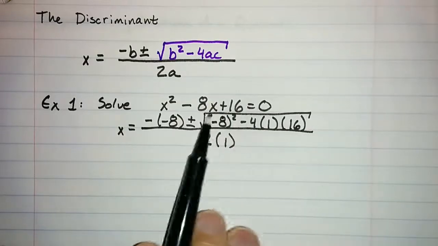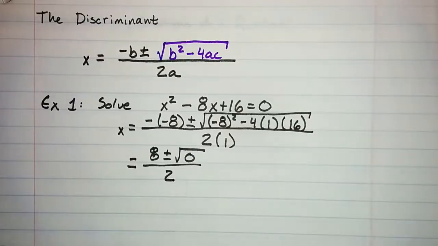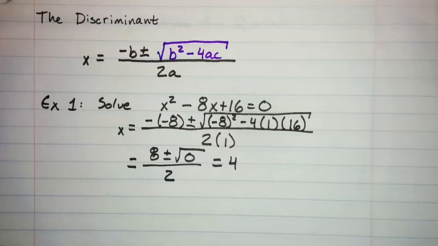Oh, when we do this arithmetic, we get 0 inside the square root. What's the square root of 0? Right, it's 0. So 8 plus 0, 8 minus 0, does it make a difference? No. I only have one solution, namely 4.